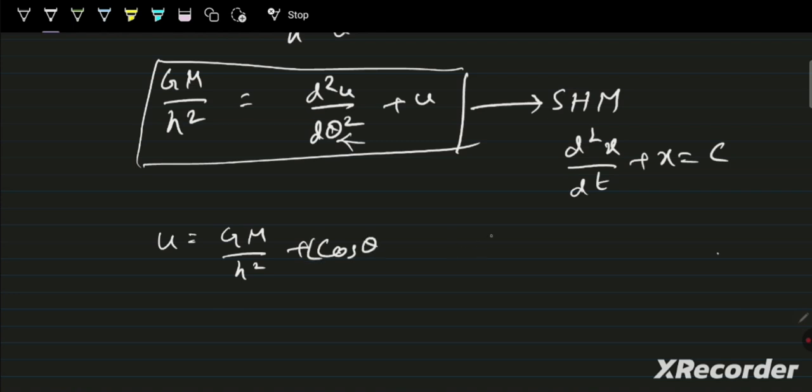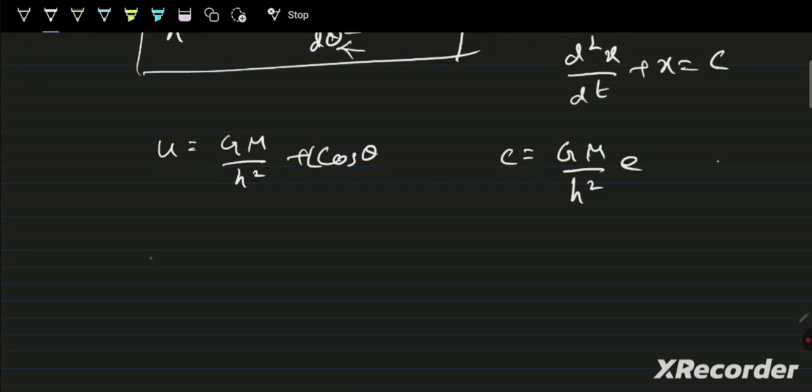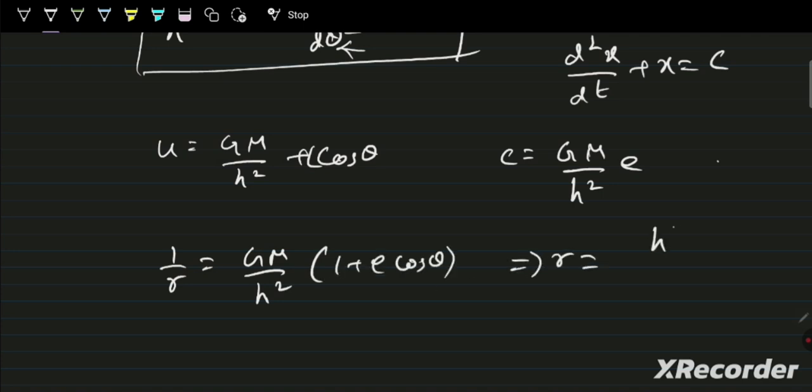I assume c to be something like Gm by h square times e, where we'll get to know what e is in the later stages of the lecture. I can say 1 by r is Gm by h square into 1 plus e cos theta. From here, r is equal to h square by Gm upon 1 plus e cos theta.